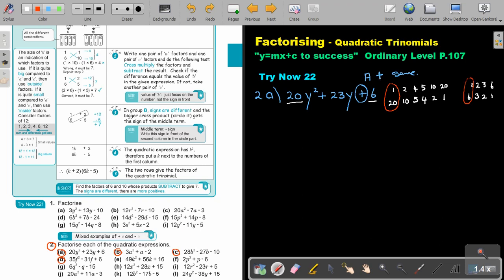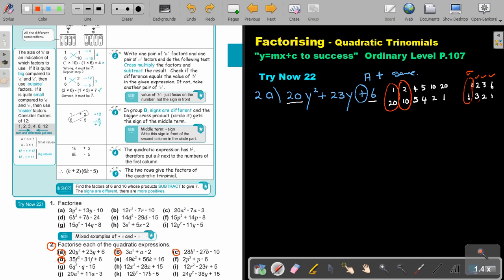So this is going to be 6 plus 20, that's 26, not going to work. Go to the second one. So this is going to be 40 plus 3, no, go to this one. This one is going to be 60 plus 2, no. Oh, no, it becomes too big. Then move to the second one. Start with the first one again.